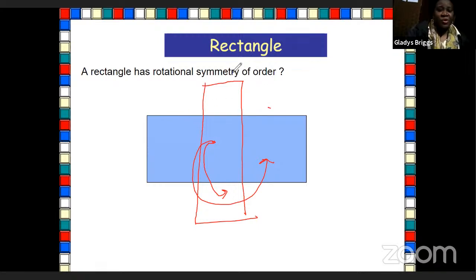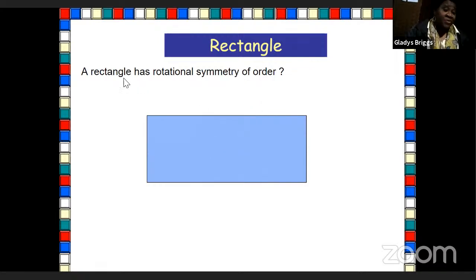So it's going to be 2 times. I don't know if you guys can see it. It's hard to see if you don't have something in front of you. But how you check it is you make 2 of the shapes, put a dot somewhere, or number them, and see how many times it comes back on itself by rotating it on that same shape.